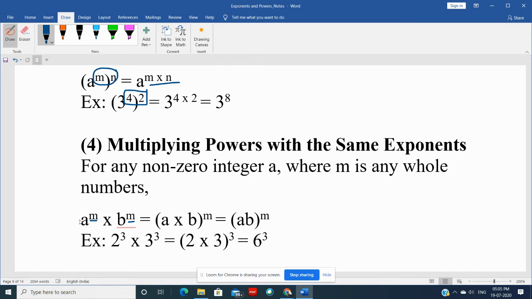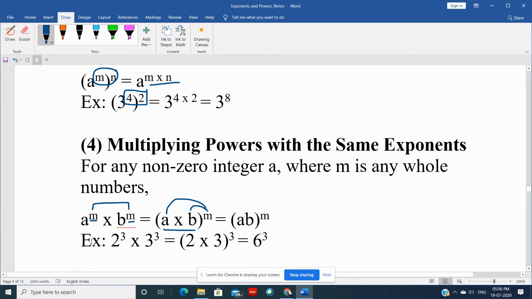So we can write it as a into b whole raised to m. It means that m applies to this and m applies to this also. It's okay if you don't write the multiplication sign. If you just write ab, it means there is multiplication between them. So ab raised to m.